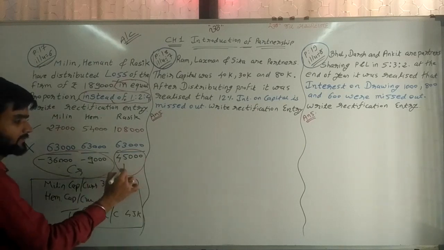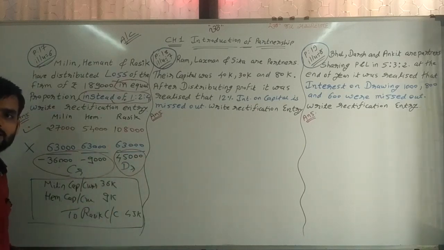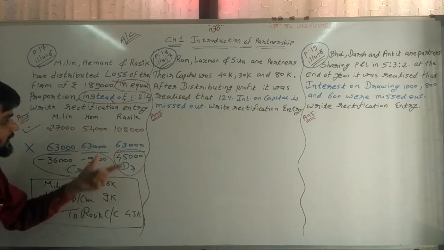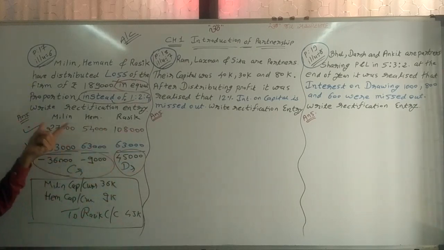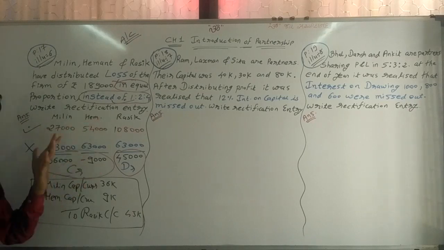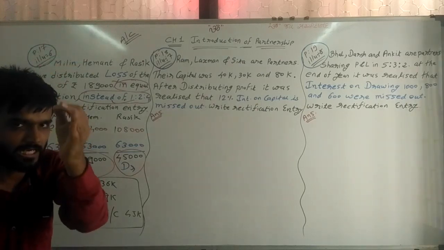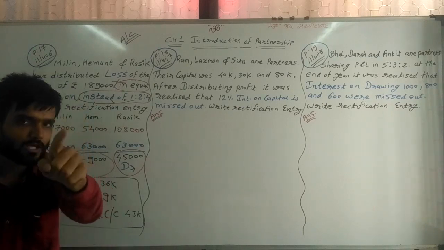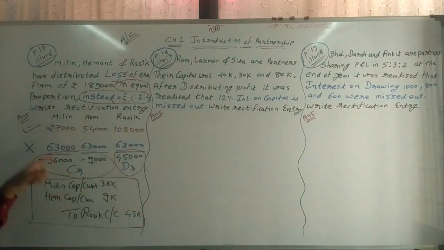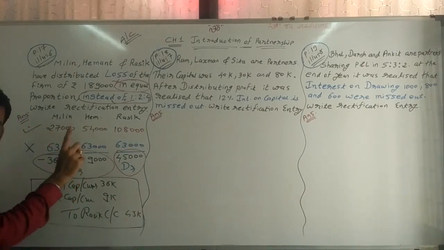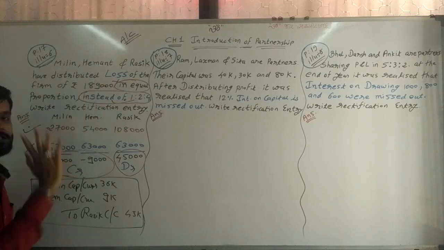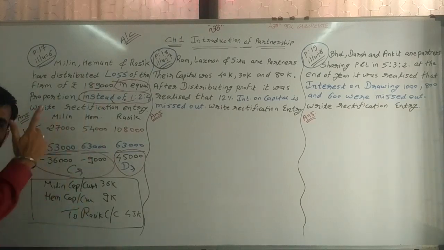And here instead of credit, we are doing debit. And writing the rectification entry. Rasik debit 45,000, to Milin 36,000, to Hemant 9,000. That's it. So the journal entry will be changed. The calculation remains the same. That's why I am telling you, first write correct, second write wrong, correct minus wrong, minus debit, plus credit. Profit is given. If loss is given, inverse.